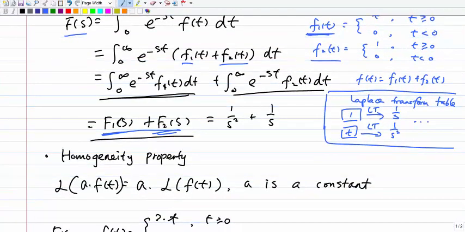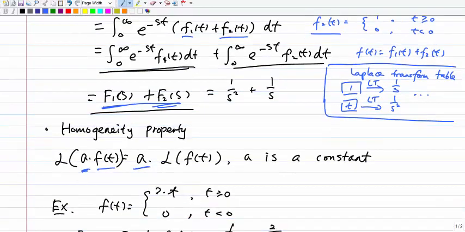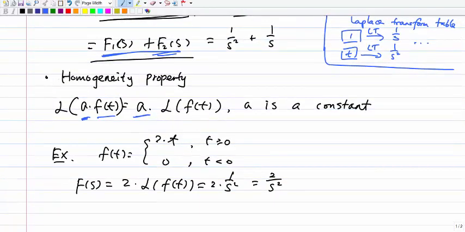What it says is you can scale. If I scale the function by a constant scalar a, then the Laplace transform is also scaled by the same number. Of course, a should be a constant. For example, here, if I have f(t) is 2t for t greater than 0, and f(t) is 0 when t is less than or equal to 0.